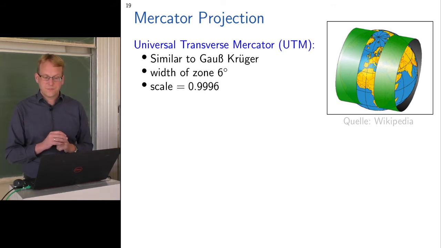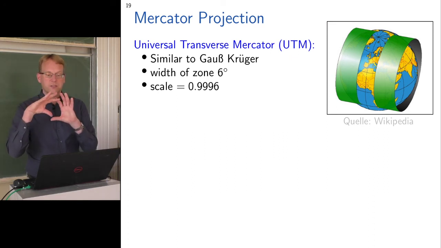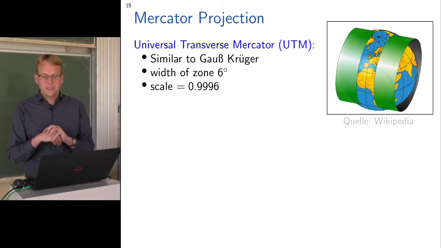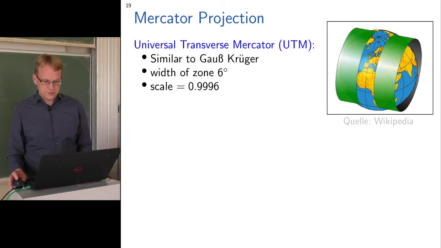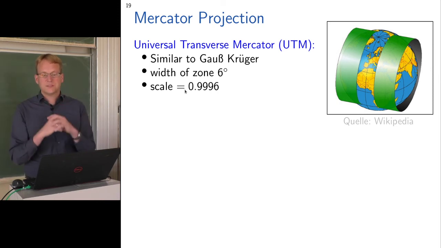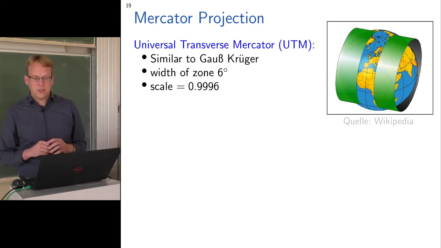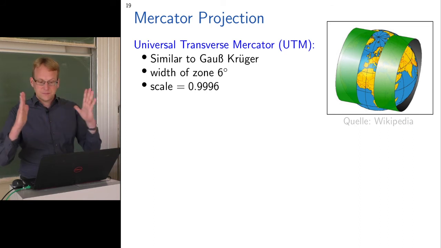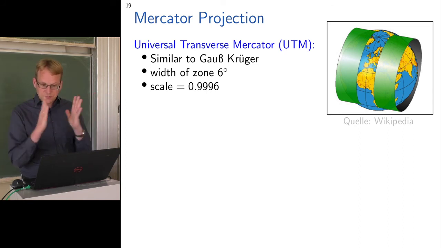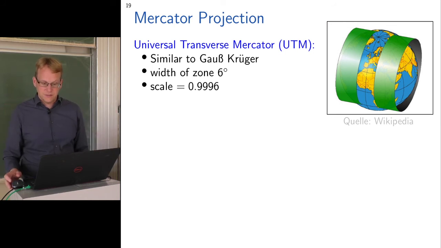And you need to think of this cylinder not wrapping the Earth entirely, but actually intersecting the Earth. That is done by assuming some scaling factor smaller than 1. So the cylinder is a little bit smaller, which compensates for the enlargement happening when you go further away from the central meridian.